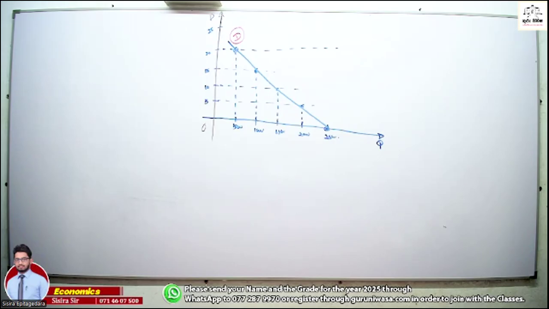When product price is 9 rupees, how many units would be demanded? You can use your graph. How to use your graph? This is the way. Look at the board.